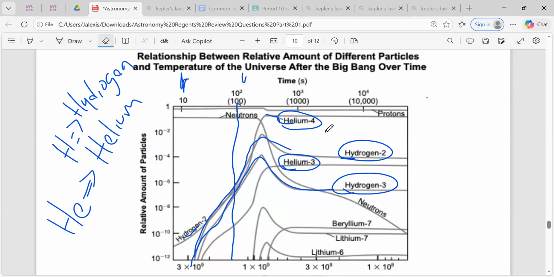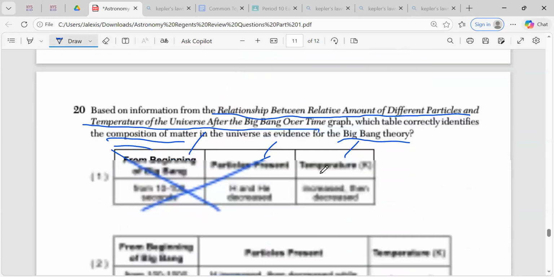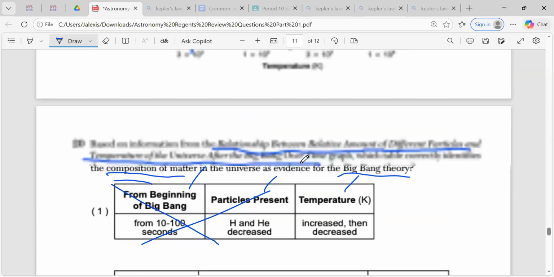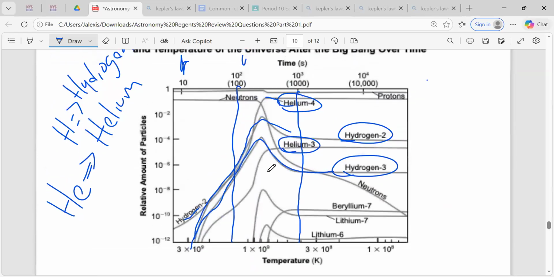And let me just fix this line just to make it more straight right here. So when I look at H, right, it says H increase and then decrease. So when I look at my hydrogen lines, right, it did increase and then it's decreasing.